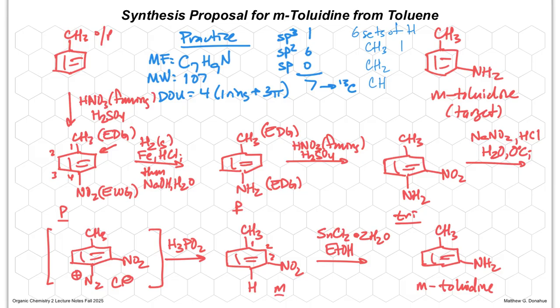Zero. CH groups? 4. And then we have that NH2 group. So that gives us our 6 sets, and then those are the attached hydrogens.